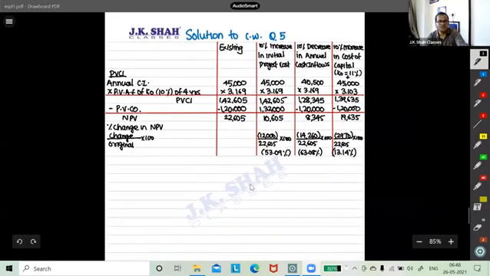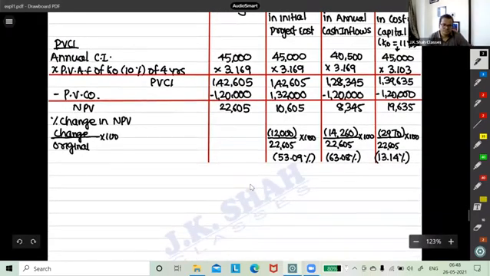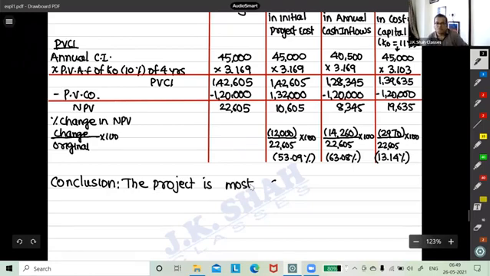Fine. So let's give a conclusion. Let's write: the project is most sensitive to, what? I can say, to annual cash inflows.